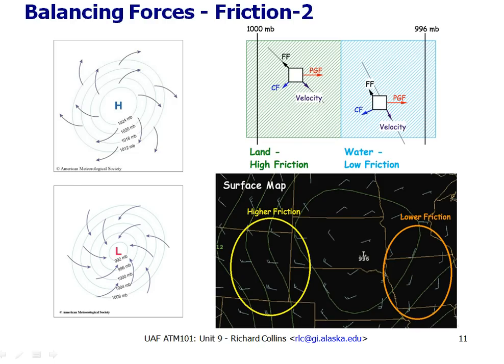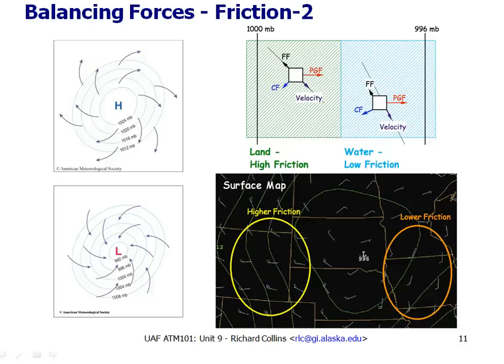I want to just point out that this causes a change in direction in the wind when air travels from different frictions at the surface, from land with high friction to water at low friction. The velocity increases, and because the velocity increases, the Coriolis force increases and yanks the parcel, in this case in the northern hemisphere, to the right, so the wind direction changes, the wind speed increases.